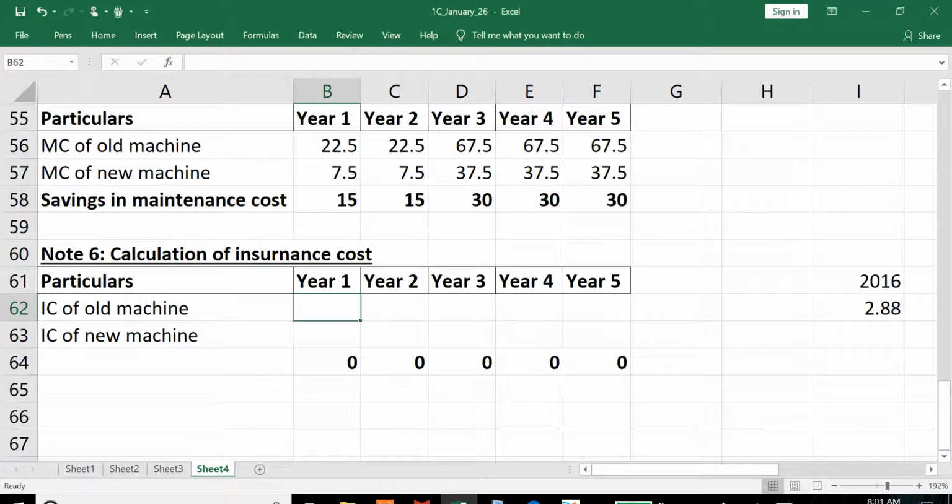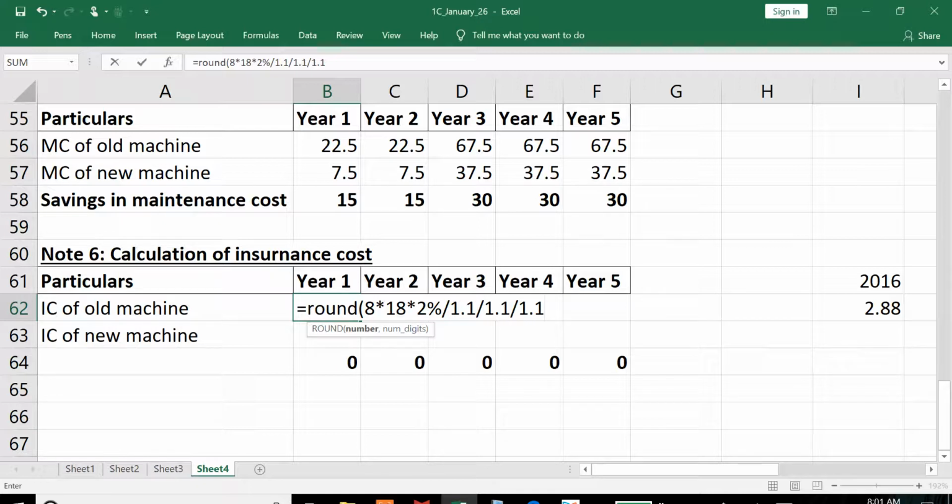So the insurance cost calculation is, now do 8 into 18 lakhs into 2%, divided by 1.1, and another 1.1, and 1.1.